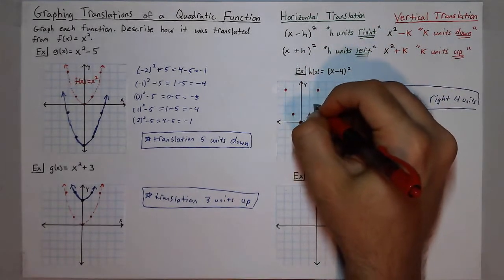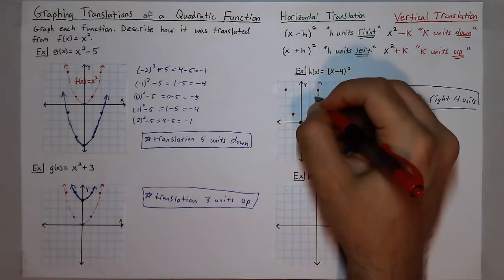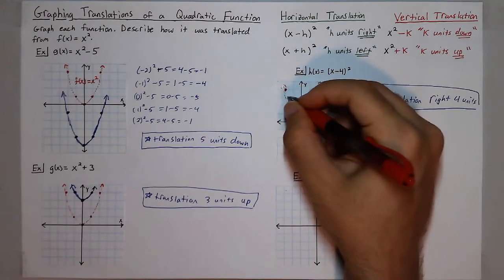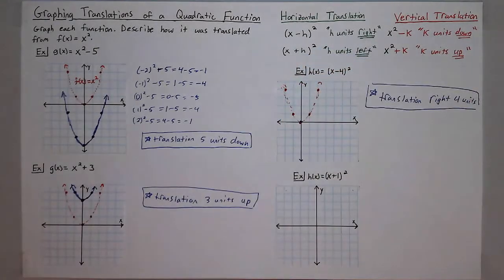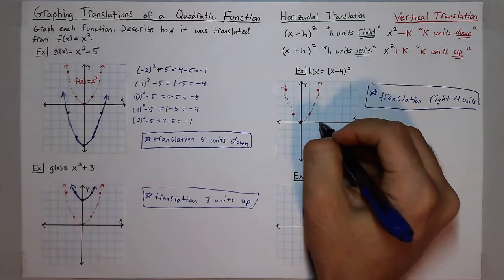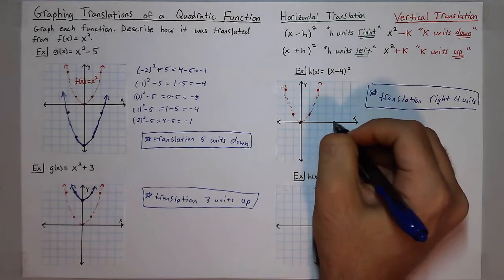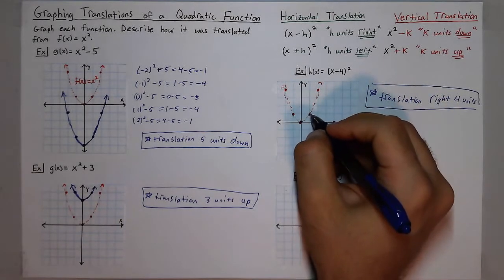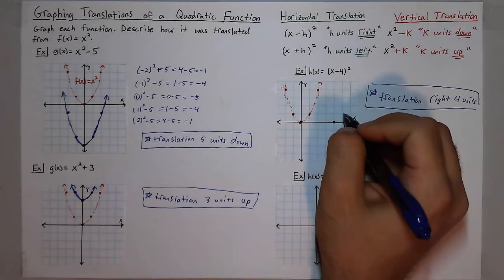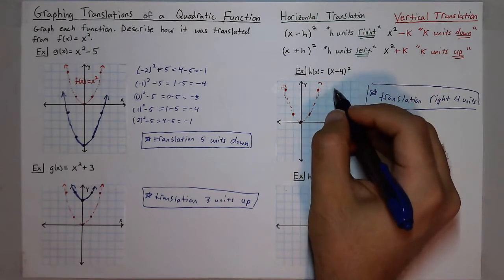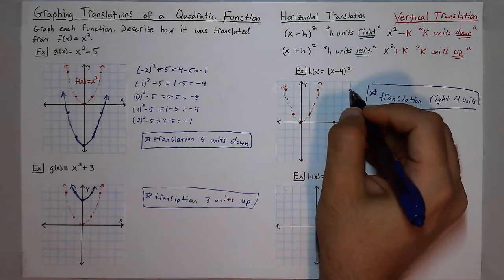I'm going to shift every point to the right 4 units. So 1, 2, 3, 4 for my vertex. 1, 1 goes 1, 2, 3, 4. 2, 4 goes 1, 2, 3, 4 to 6, 4.